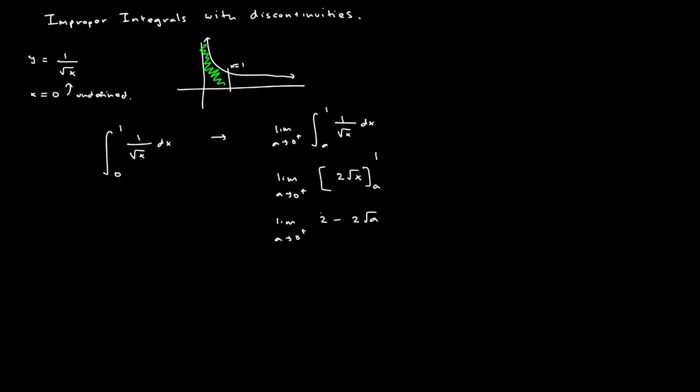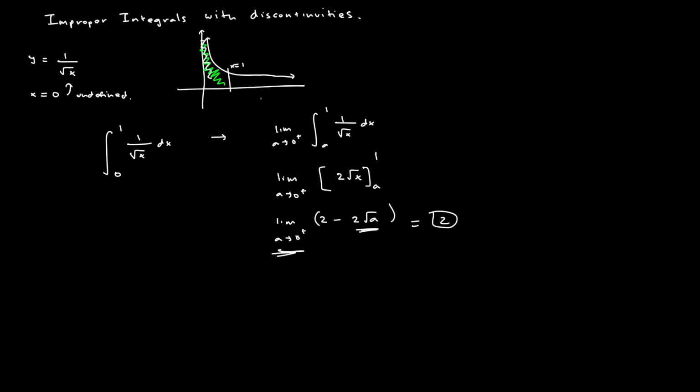Now, as a tends towards 0 from the positive side, the square root of a will also tend towards 0, and therefore this limit just evaluates to 2. And again, we saw that even though the function never actually touches the y-axis, and we're infinitely heading closer and closer to the y-axis but never hit it, we still get a finite area.